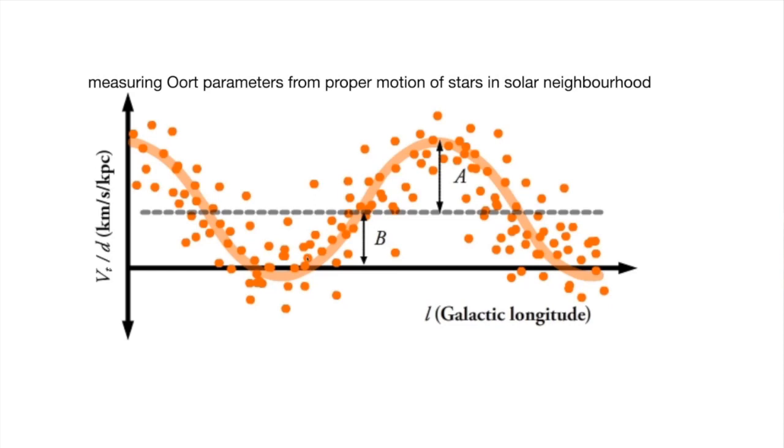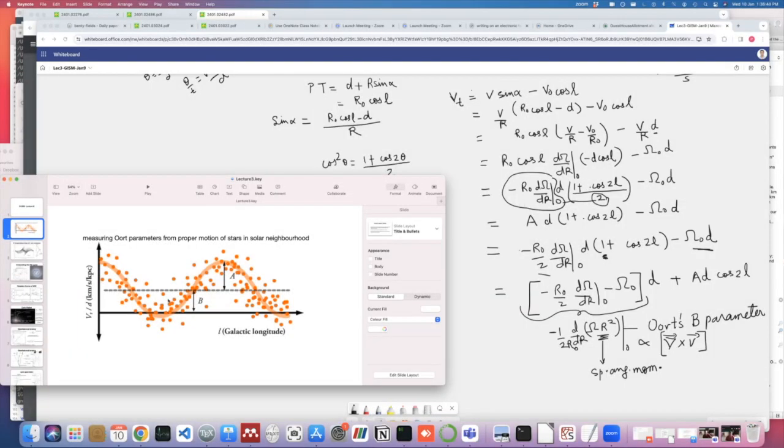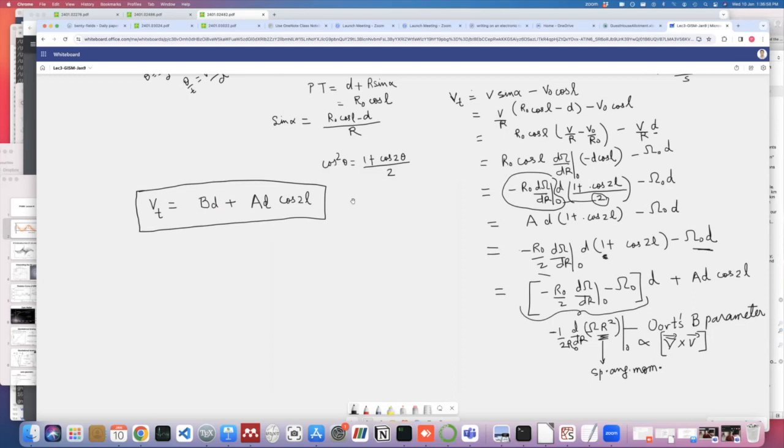This is a schematic representation of the data, and the data is noisy, and the assumption of perfectly circular orbits is not correct. There are small motions around those circular motions which we have not accounted for, so that causes the scatter. The sun itself is moving relative to the mean motion of the stars in its neighborhood, and that frame of reference is called the local standard of rest, or LSR.